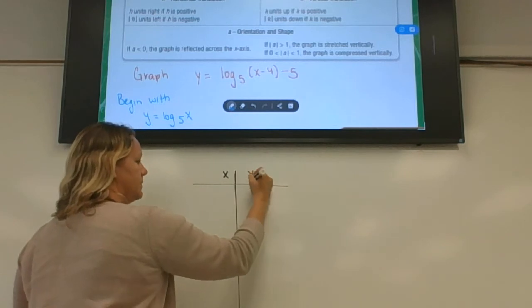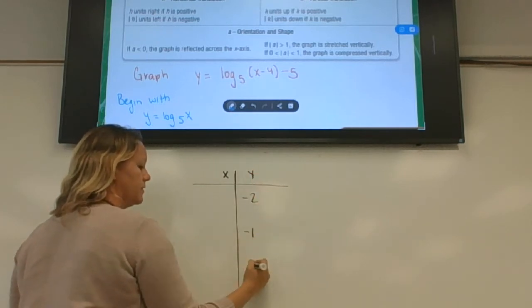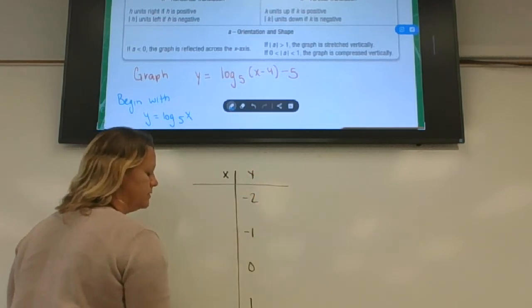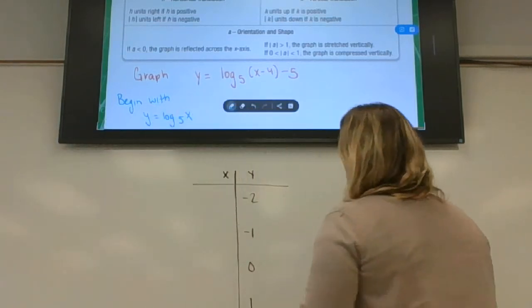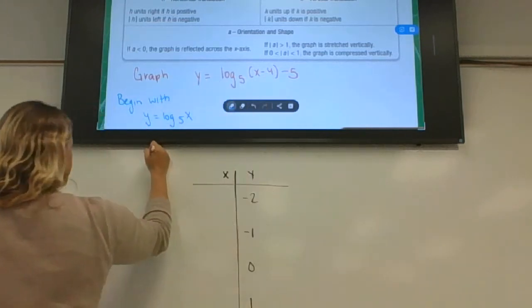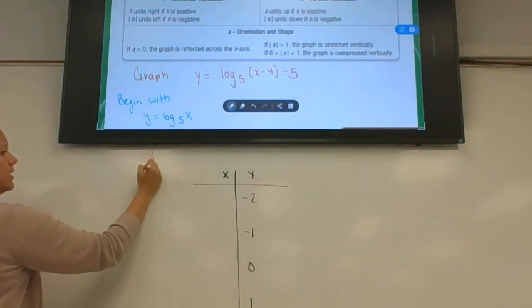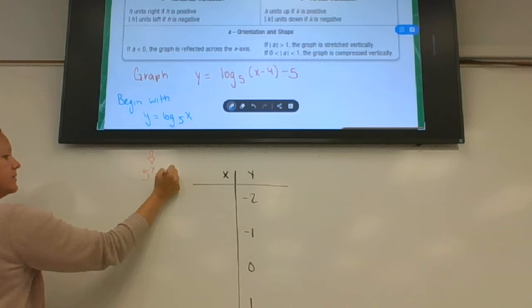So same idea, -2, -1, 0, 1, and 2. But I'm going to consider from here 5 to the y equals x.